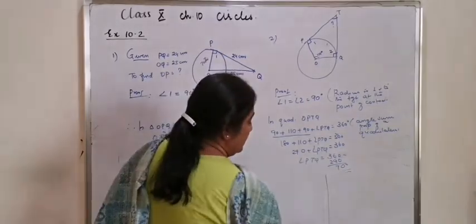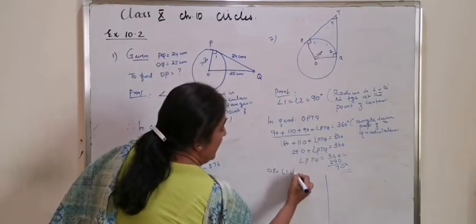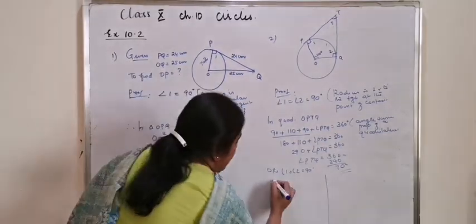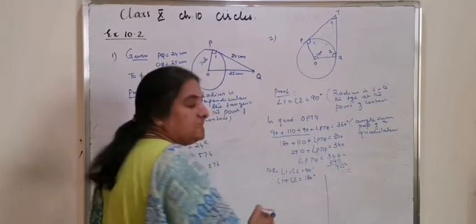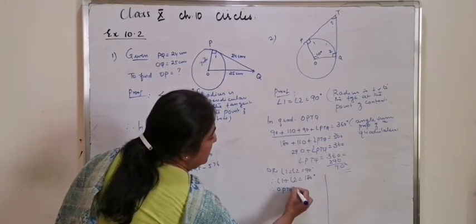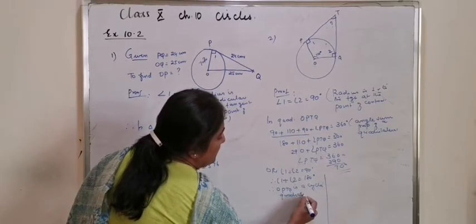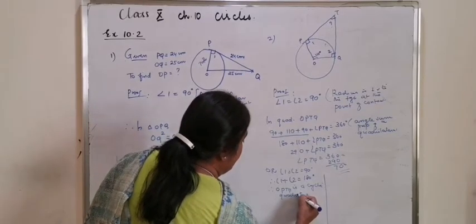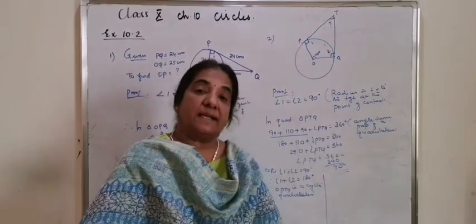Or the second method: angle 1 is equal to angle 2 is equal to 90 degrees. Therefore, angle 1 plus angle 2 is equal to 180 degrees, which proves that OPTQ is a cyclic quadrilateral.